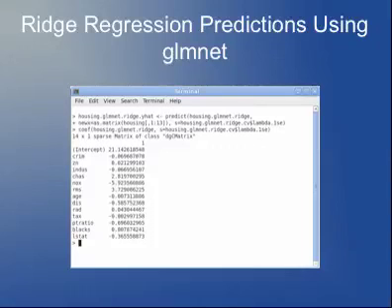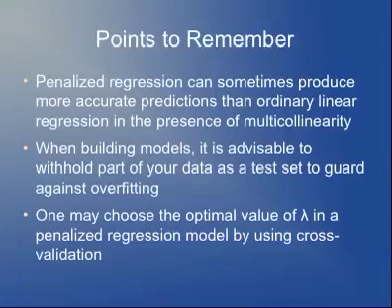The stuff to remember for today is that penalized regression can produce more accurate predictions than ordinary least squares in the presence of multicollinearity. To me, this is a far better approach than stepwise regression. When you fit your model, particularly if your data set's large, you may want to withhold part of your data set as a test set to make sure that you're not overfitting your data.